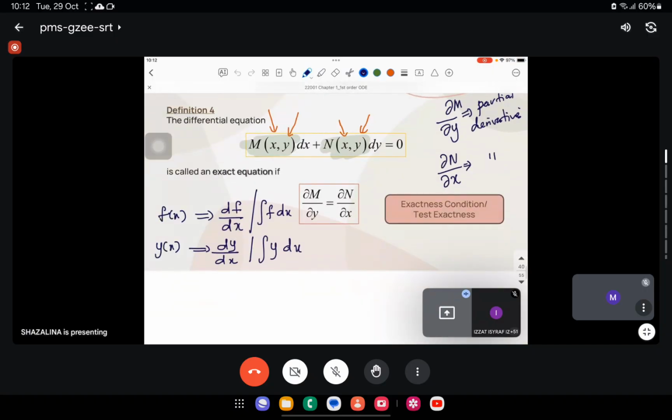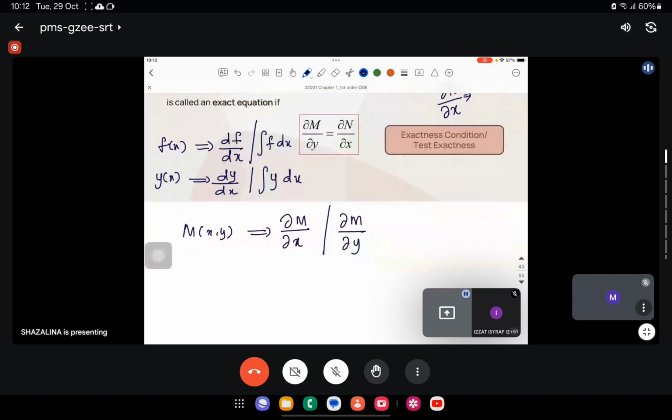Dua-dua variable ni. Kalau nak differentiate M, the differentiate will be ∂. ∂M with respect to what? You can make it either x or y. So ∂M/∂x atau ∂M/∂y. Sama juga for the integrate.